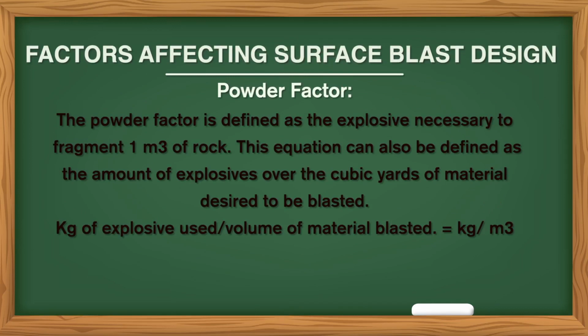Next, powder factor. The powder factor is defined as the explosive necessary to fragment 1 meter cube of rock. This can also be defined as the amount of explosive per cubic yard of material desired to be blasted. Kg of explosive used per volume of material blasted is equal to kg per meter cube.